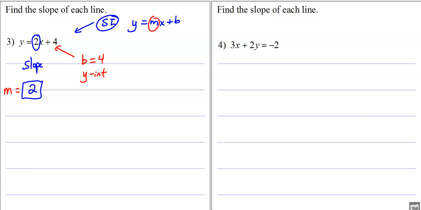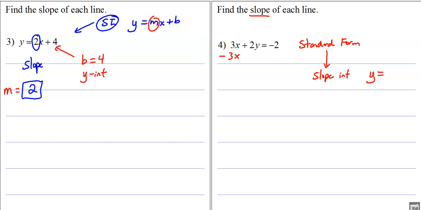All right, next one, find the slope of this line. Remember, my answer is going to be a fraction. Unfortunately, this is written in standard form. So I need to rewrite it in slope-intercept form, which basically means I need to solve for y in terms of x. Let's solve for y here.